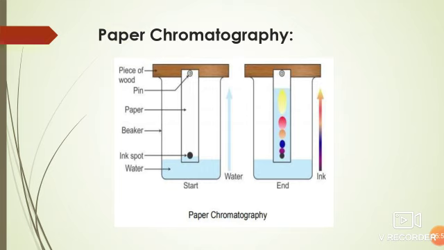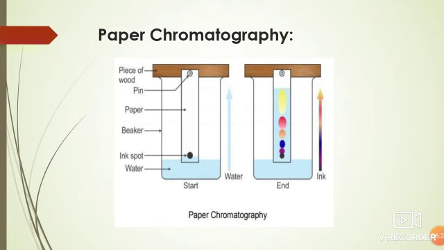In the first figure you can see that there is an ink spot, right? In this ink there is a mixture of two compounds or components. Then after the separation, in the second figure, where the end point is, you can see that the two different colors of ink are separated along the length of the paper.